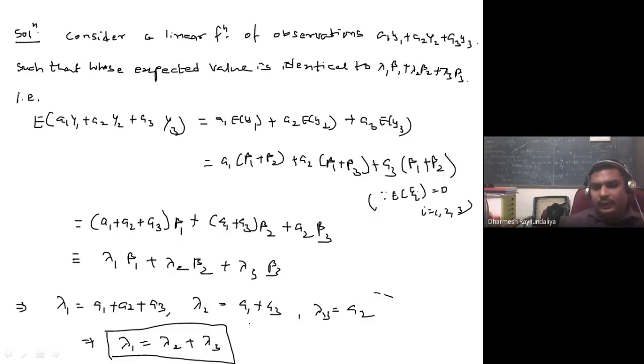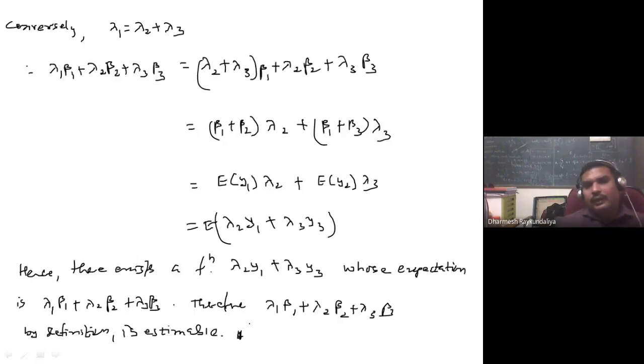Now it is given that lambda 1 equal to lambda 2 plus lambda 3 and you have to show that lambda dash beta is estimable. So you start from lambda 1 beta 1 plus lambda 2 beta 2 plus lambda 3 beta 3, substitute the value of lambda 1, and substitute beta 1 plus beta 2 and beta 1 plus beta 3 as expected value of y1 and expected value of y2. You can get the expected value of this. It means that lambda 2 y1 plus lambda 3 y2 is a linear function of observation whose expected value is lambda dash beta. So by definition it is estimable, and hence the result.